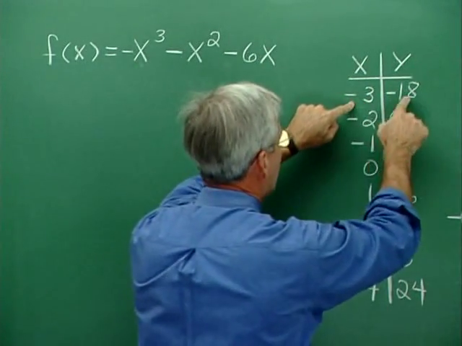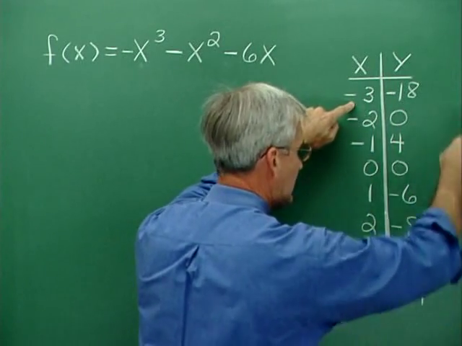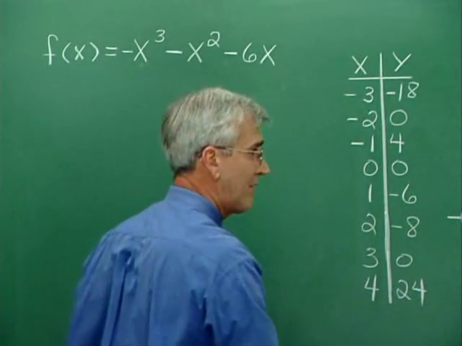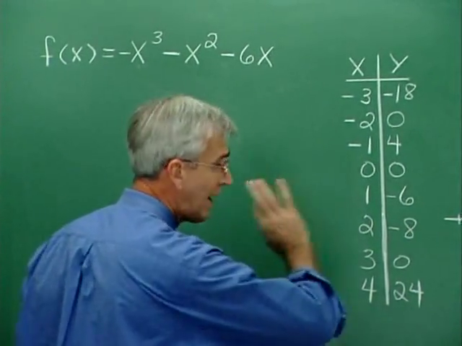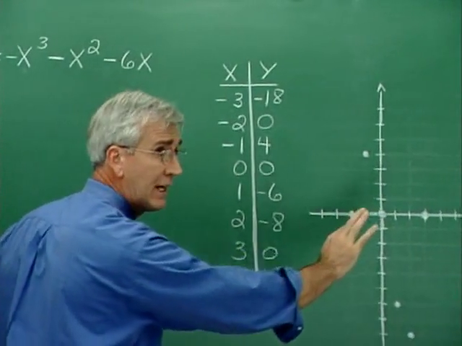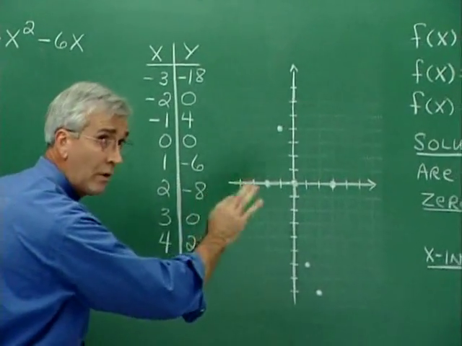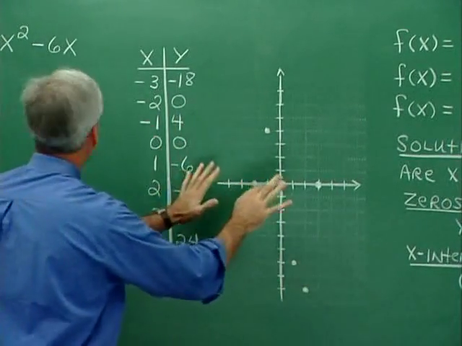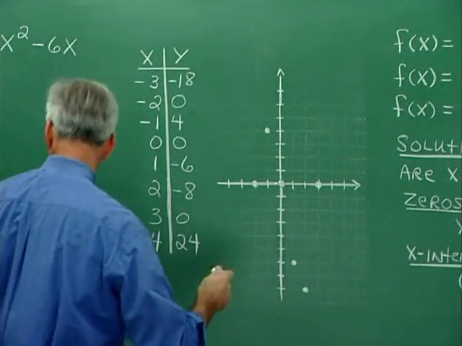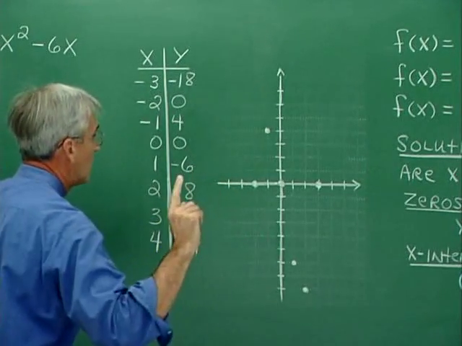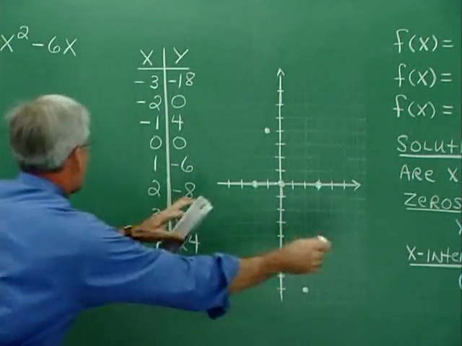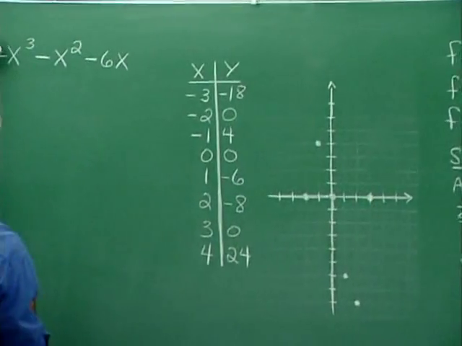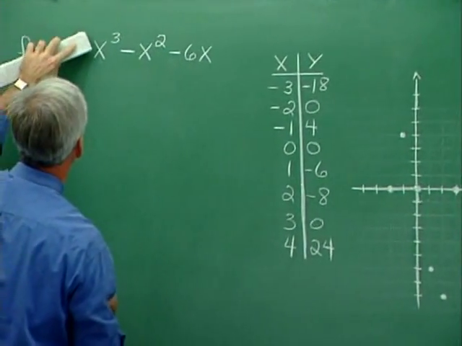Well, let's see. -3, -18. -3 goes down to -18. That's off the graph to the left side. Now, we already know from our leading coefficient test, which tells us about behavior at the extremes, that, now, let me make sure, let me come back over here, and I had added this minus sign. I don't want to mislead anything right here.